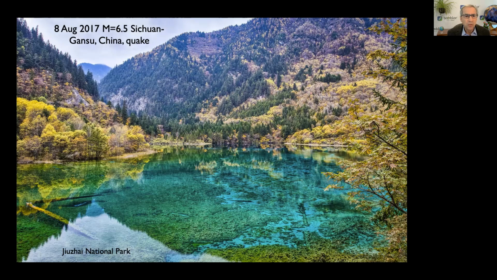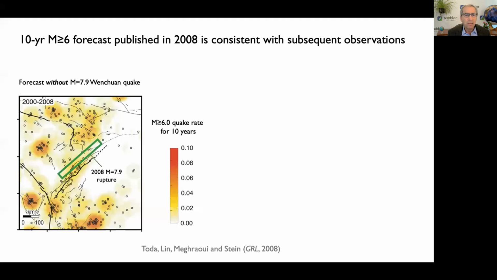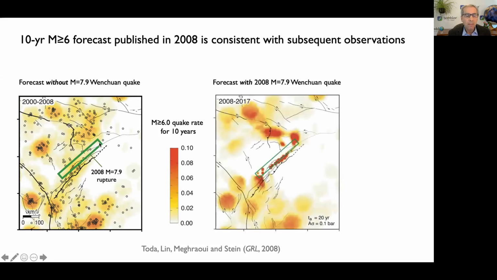And I want to show you the forecast that we published in 2008. This is a 10-year forecast for magnitude 6 and larger earthquakes. And this is our hazard before the main shock occurred, before this big 2008 earthquake occurred. And now here is our modified hazard as a result of the stress transfer from this big event.